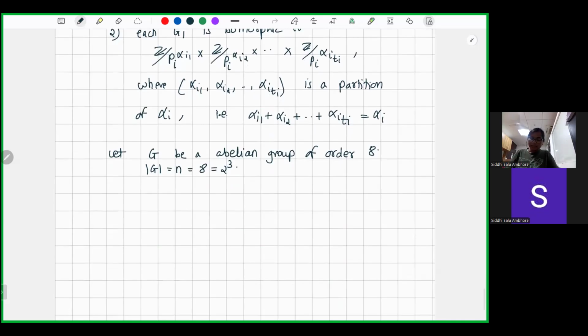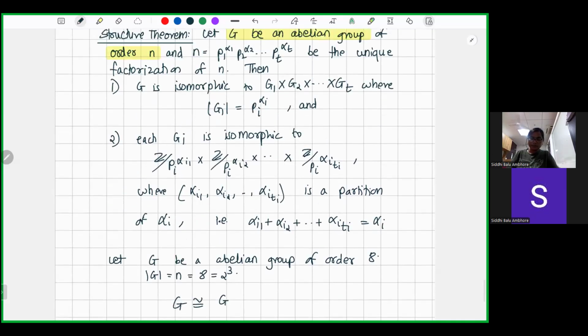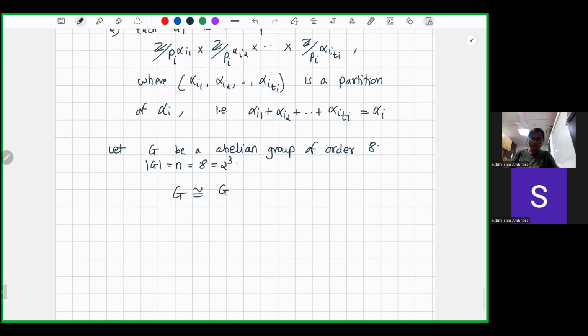So G, by this theorem, is isomorphic to G1.